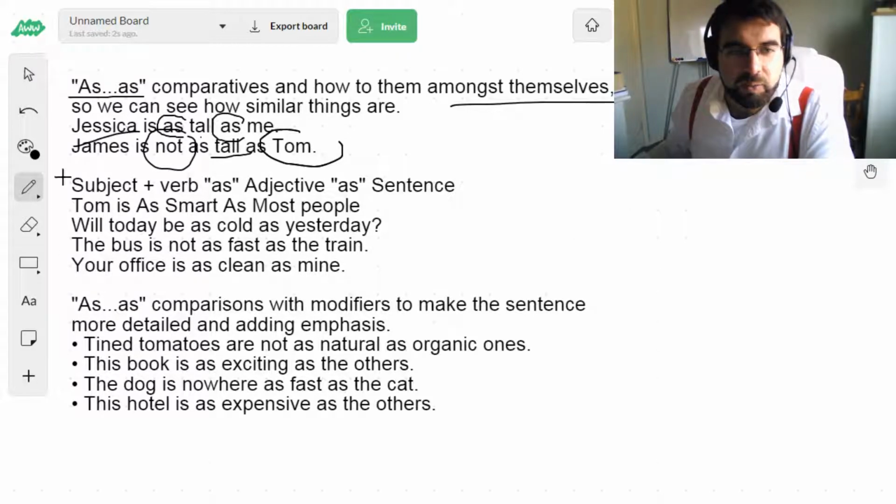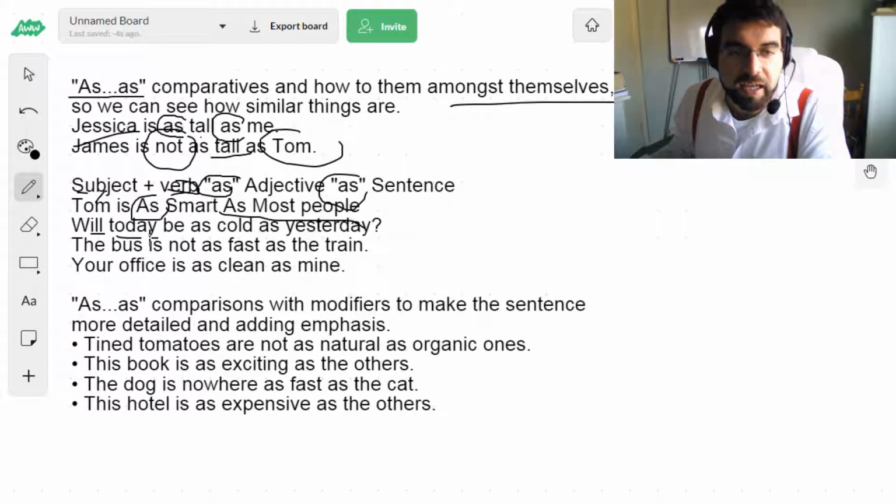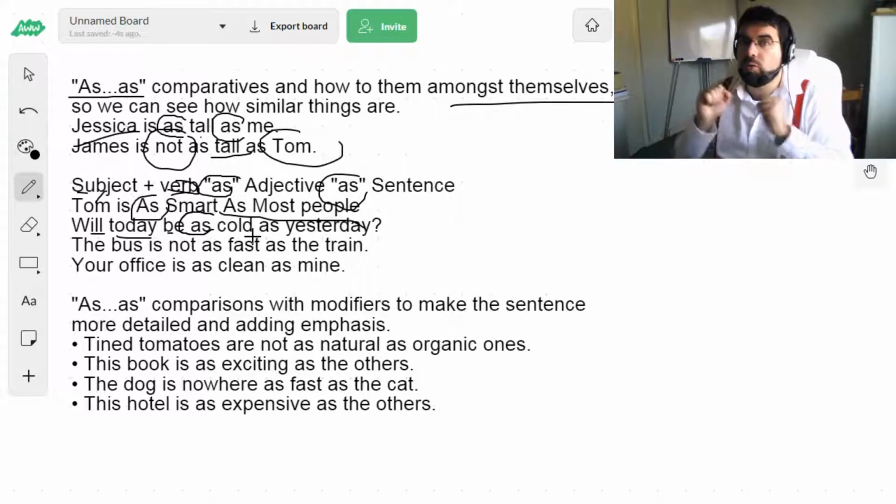So look then, we have subject, verb, as, adjective, as. So: Tom is as smart as most people. Will today be as cold as yesterday?